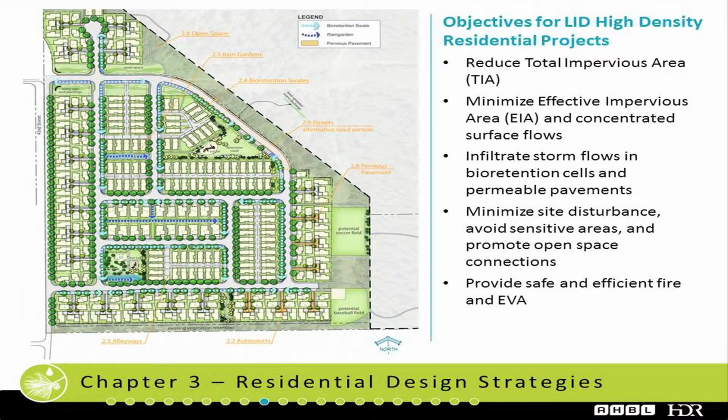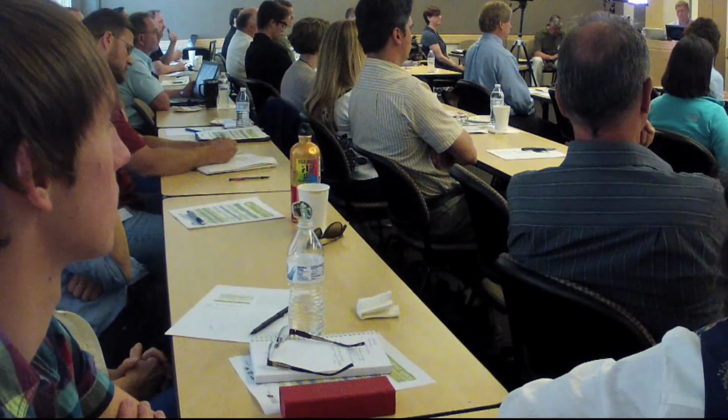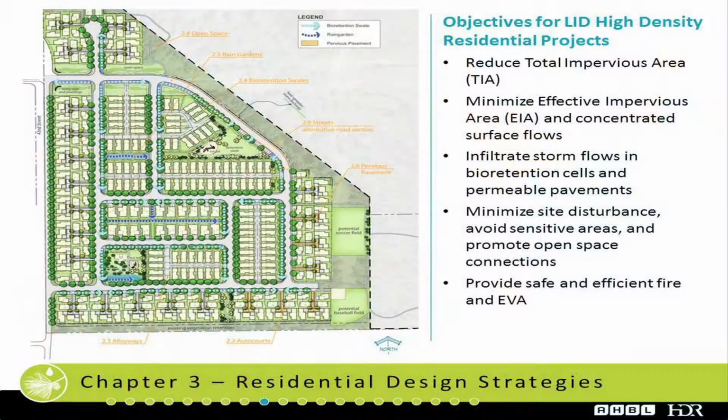Similarly, for high density residential projects, the goal is to reduce your total impervious area, or TIA, and to minimize the effective impervious area and concentrated surface flows. Effective impervious area is when runoff from those impervious areas is directly connected to a pipe or to a receiving water body.